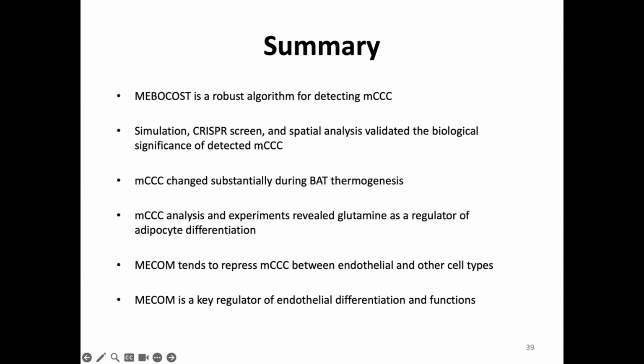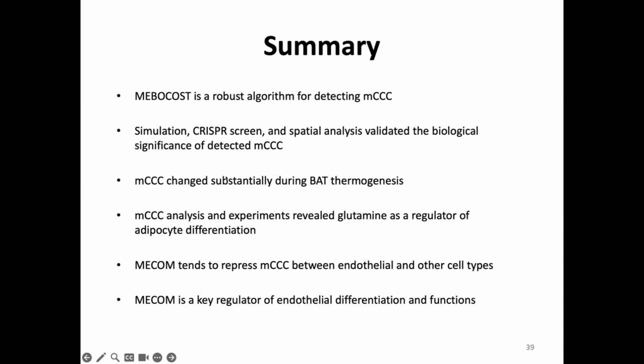Then our simulation data, our CRISPR screen analysis, and spatial transcriptomics analysis all indicate that the communication detected by MEBOCOST is biologically important and functionally significant. For example, they protect the cancer cell from killing by the NK cells, and are also associated with patient survival.